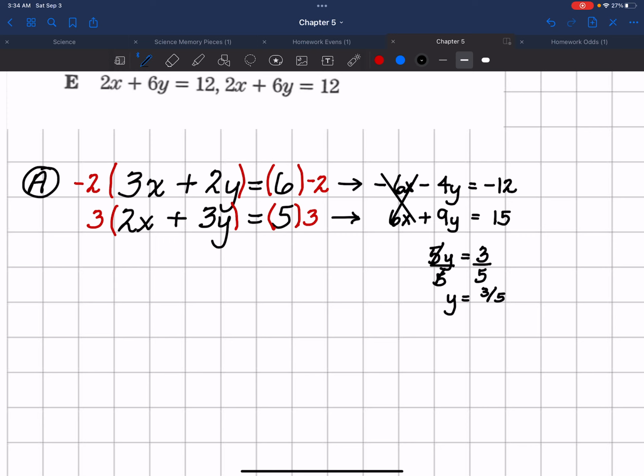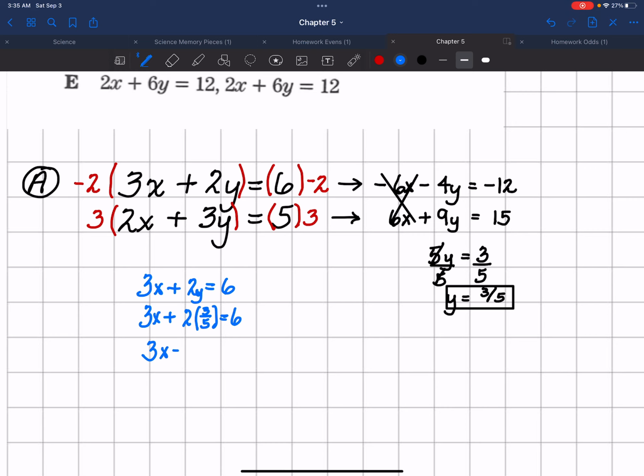Okay. So I have a y coordinate. If we can just come up with an x one, we're in business here. So let me pull one of the equations. And I'm going to do it with a different color because I need space. So 3x plus 2y is 6. And we've got 3x plus 2 times 3/5 is 6.